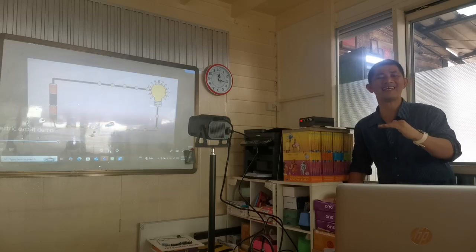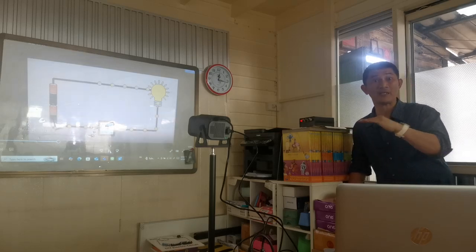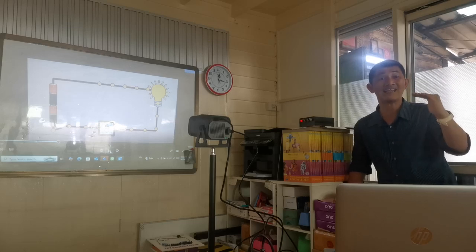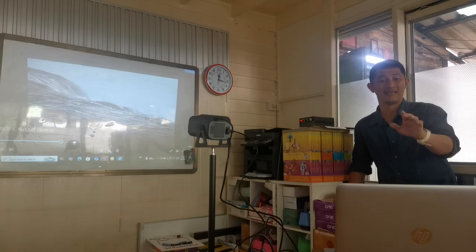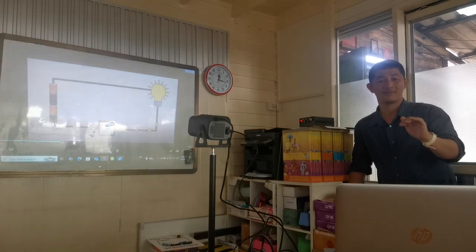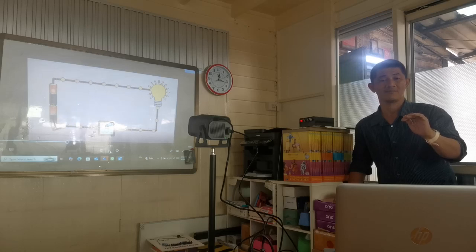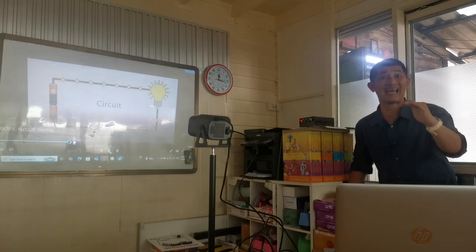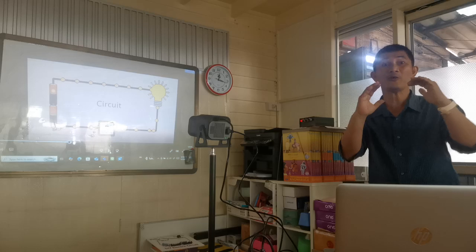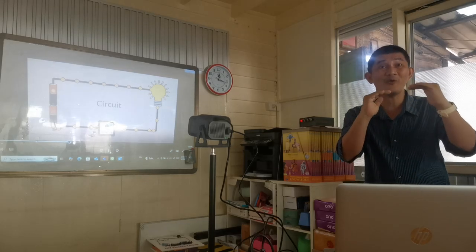This is the negative and positive path in one direction, and that path is called a circuit. You can compare this kind of path to a stream of flowing water.